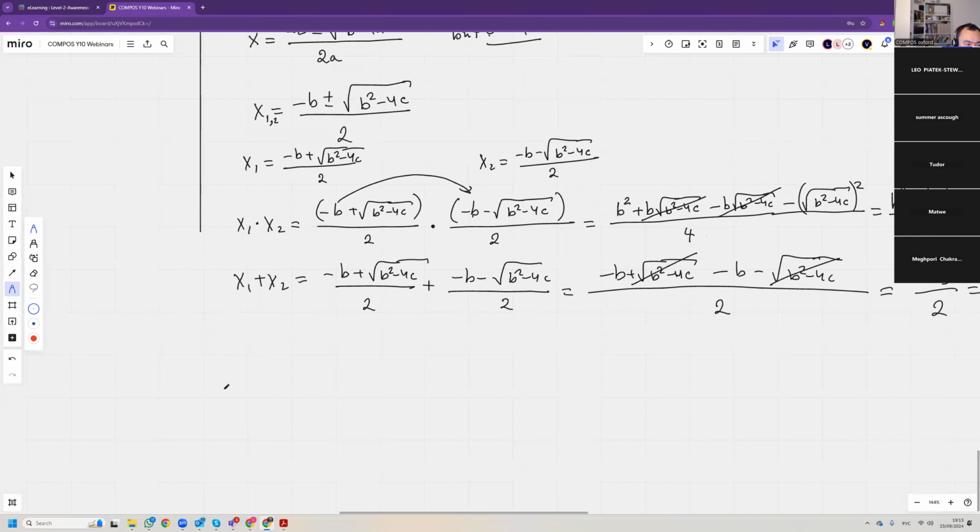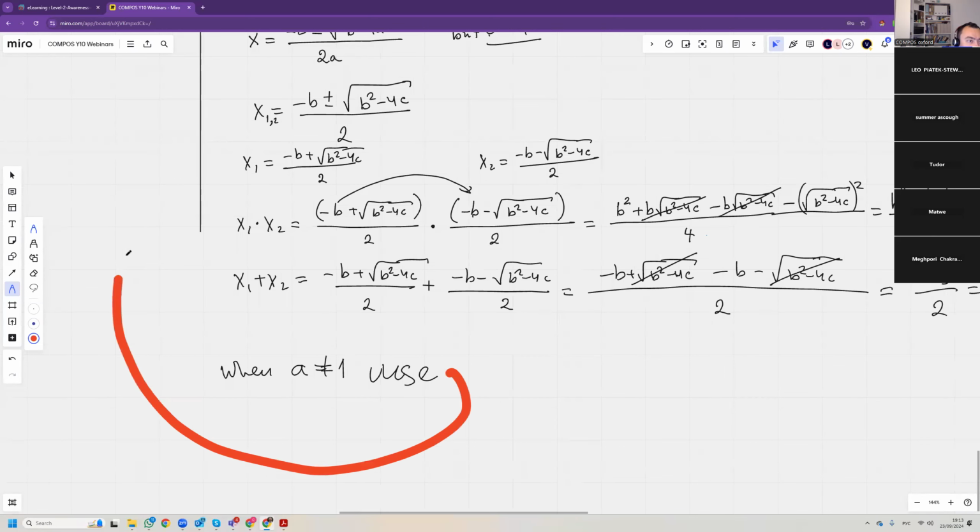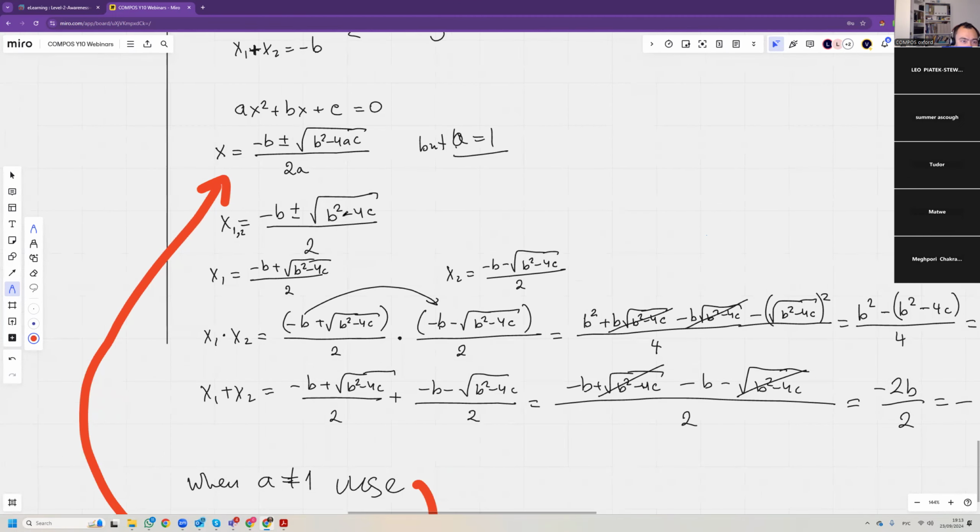When a is not 1, you just have to use this formula rather than this one. This only works if a equals 1. But we know a equals 1.